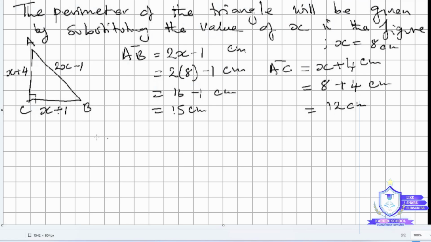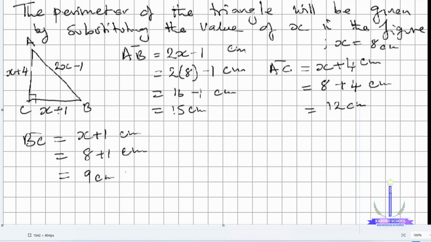And then finally we have BC would be equal to x plus 1 centimeters, which is 8 plus 1 centimeters, and this one is equal to 9 centimeters.